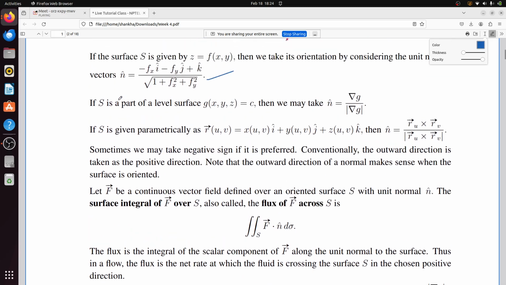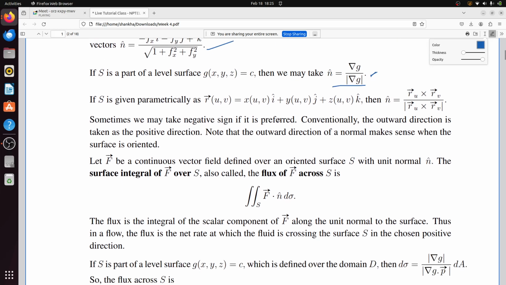Now if S is a part of a level surface, that means your surface is given like g of x y z equal to c, where z is not explicitly given in terms of x and y, for example x squared plus y squared plus z cubed equal to c, then you may take the unit normal as the gradient of g divided by the absolute value of gradient of g.